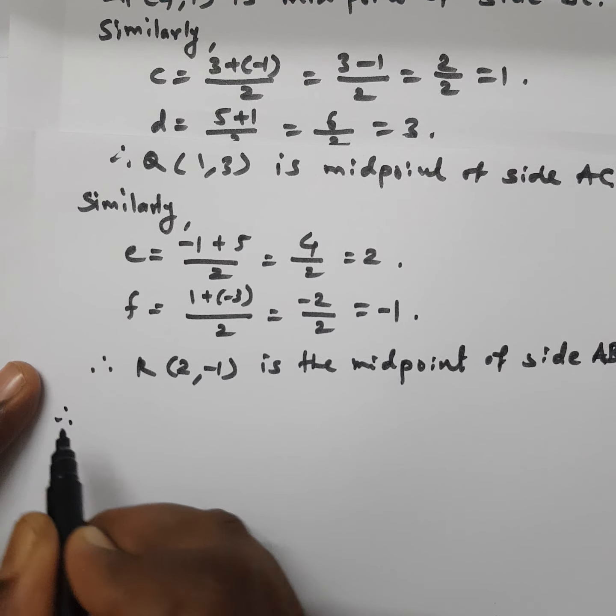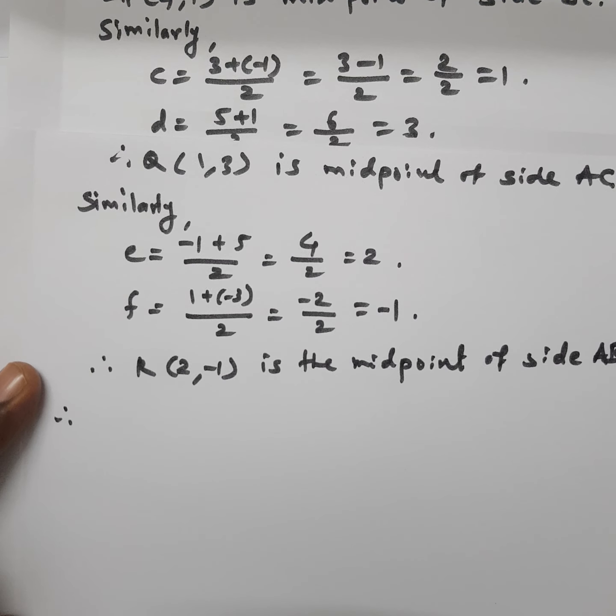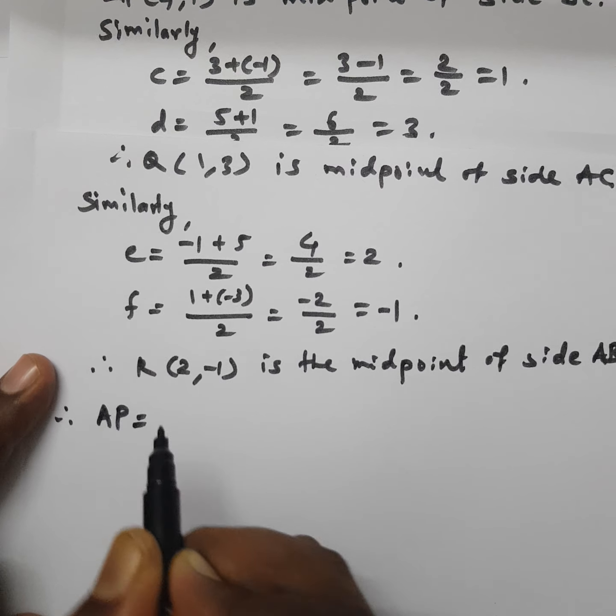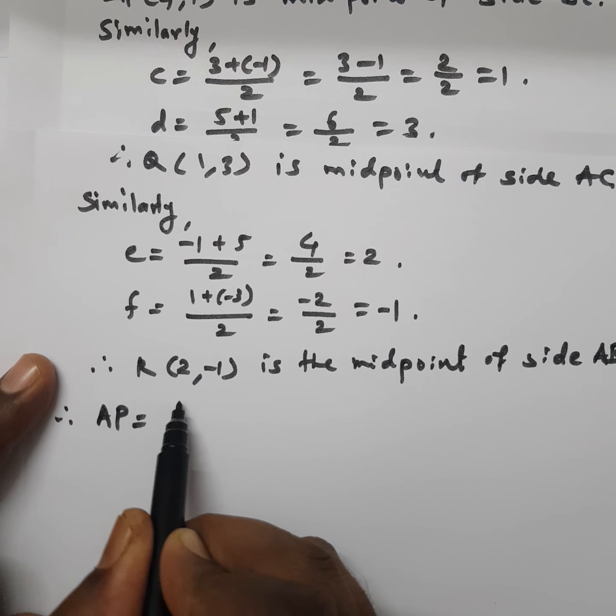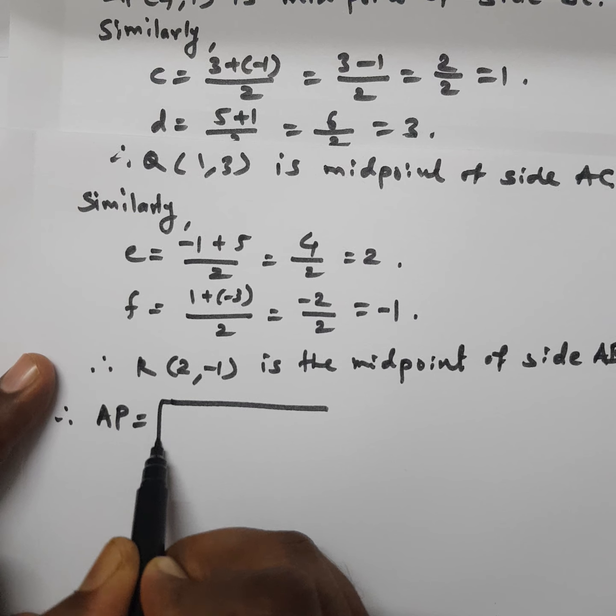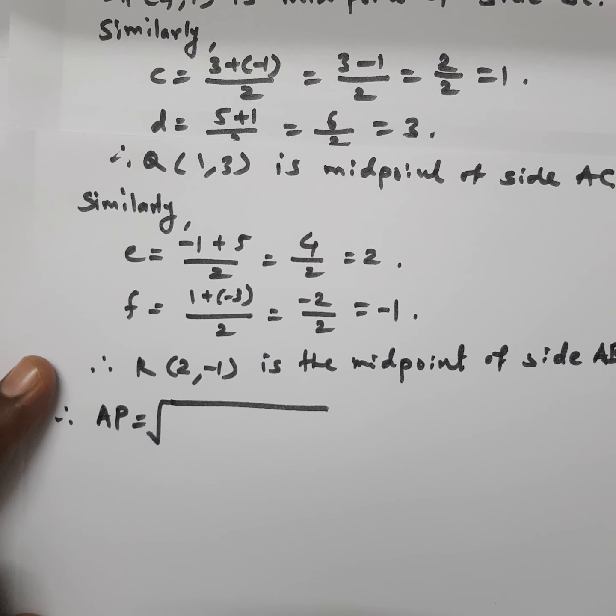Therefore, to find the length of medians, the first median is, suppose, AP. AP is equal to, by using the distance formula, coordinates of point A are (-1, 1) and coordinates of point P are (4, 1).